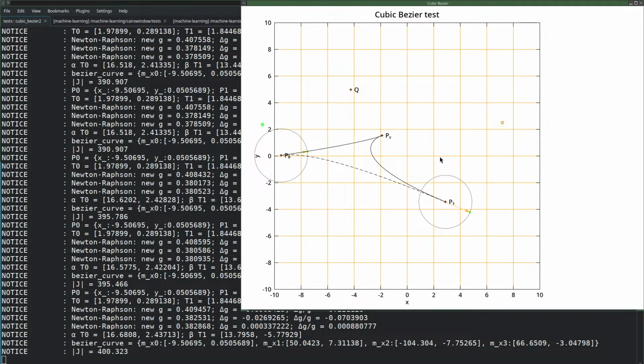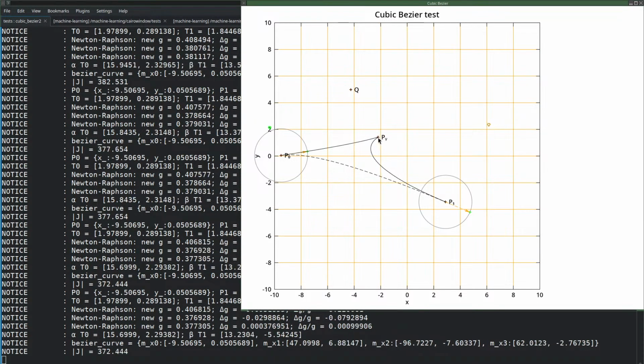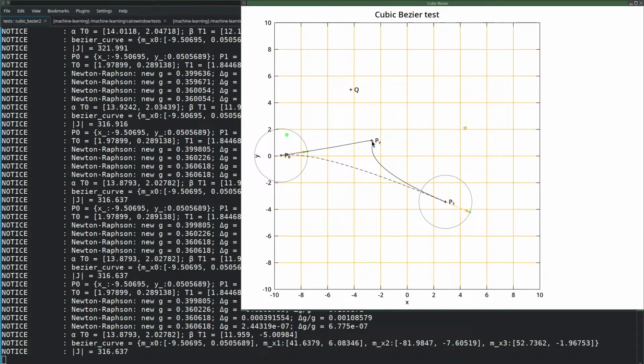I think it's just a red flag that the length from P1 to the control point here and from here to there is longer than the distance from P0 to P1. You don't want that. Then you get this kind of excesses. Wait until that is no longer the case.